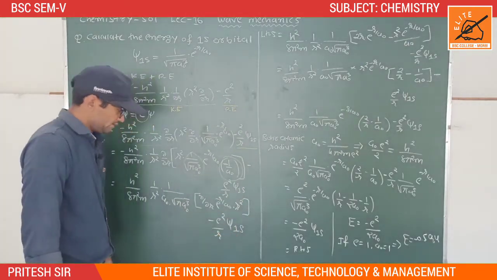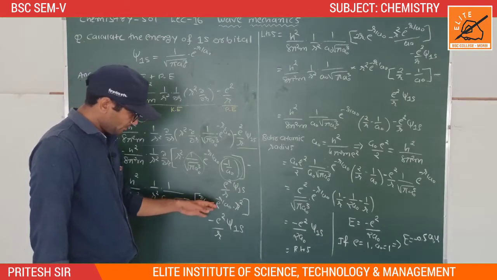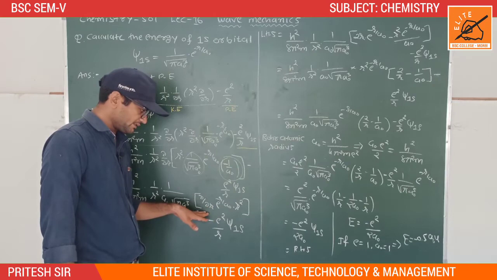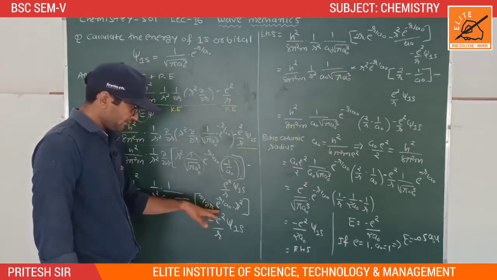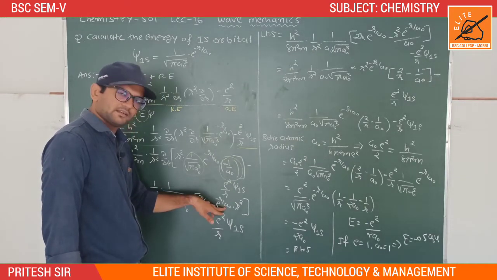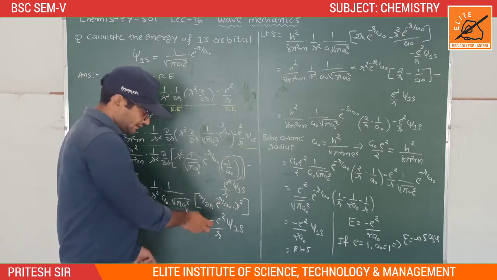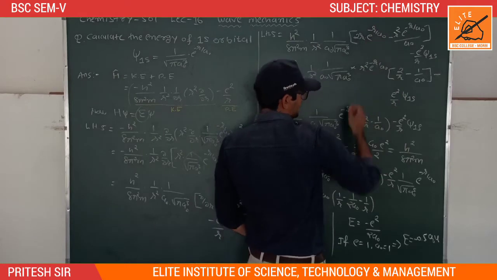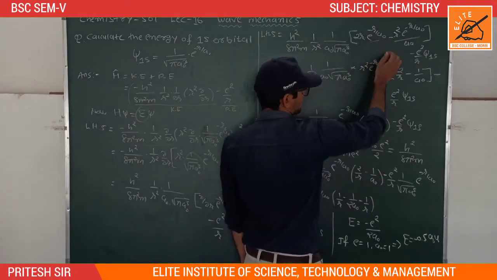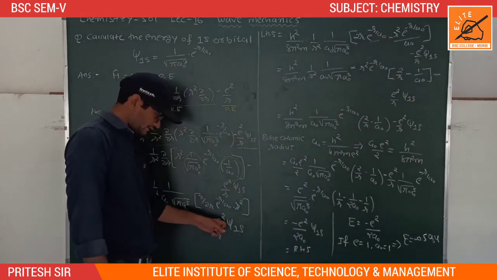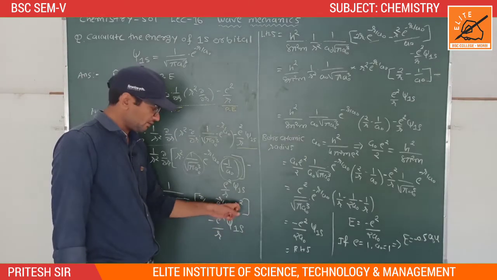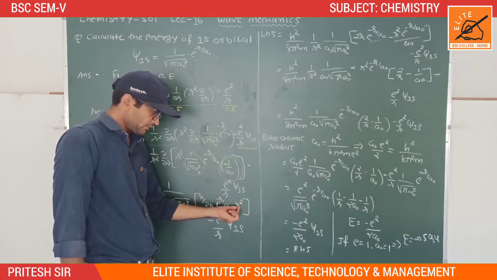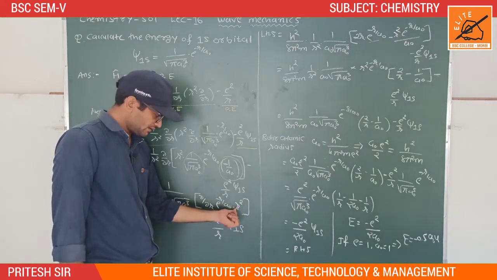Okay, so now differentiation of two different functions means the multiplication rule of differentiation. At that time the first term remains as it is, and we differentiate the second term. It means e to the power minus r upon a0 remains as it is, and the differentiation of r square is 2r into 2 minus 1, which is only 2r.